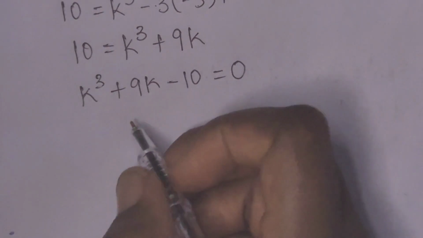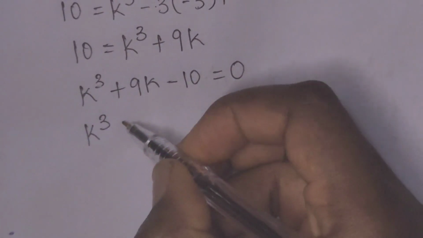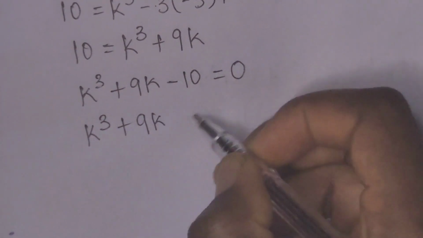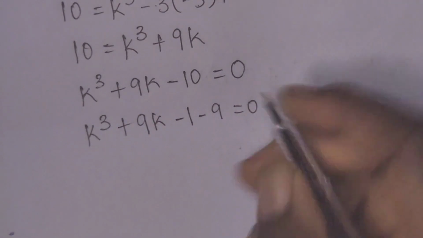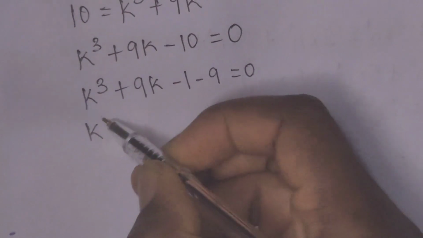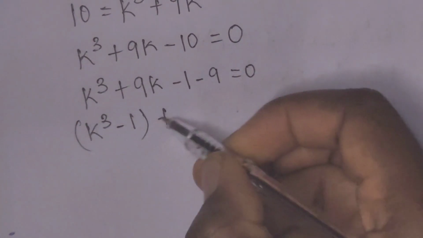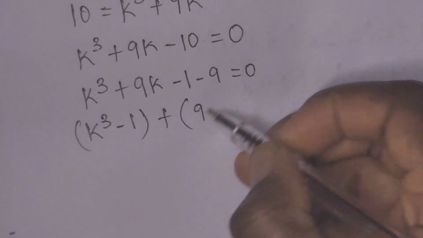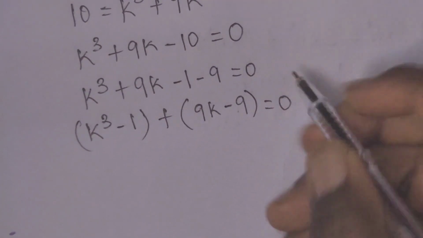We can actually factor this to have k to the power of 3 plus 9k minus 1 minus 9 equal to 0. So this is the same as k to the power of 3 minus 1 plus 9k minus 9 equal to 0.